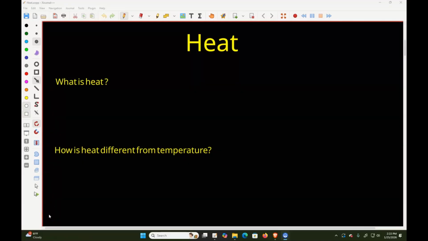So what is heat? Heat is the transfer of thermal energy between systems or objects due to the temperature difference. It always flows spontaneously from the hotter to the colder areas.